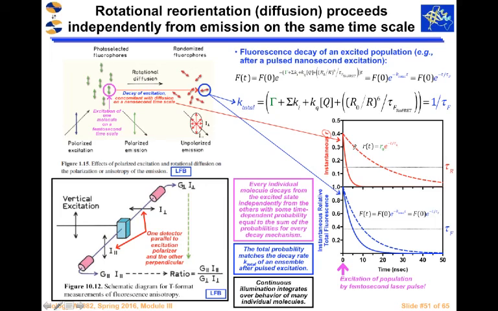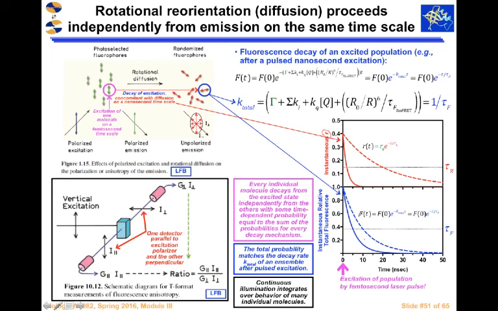So what we need to figure out is, as the fluorescence in the population decays, the anisotropy in the emission at any given time point will be described by how the anisotropy in the population declines due to rotational reorientation. But to understand what we see at steady state, we'll have to weight the anisotropy at a given time by the amount of fluorescence coming out at that given time.